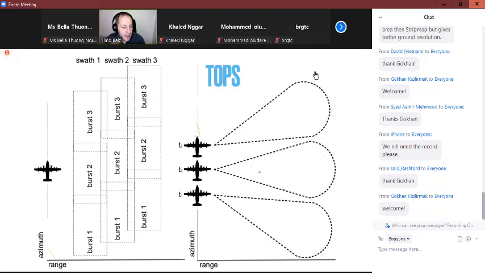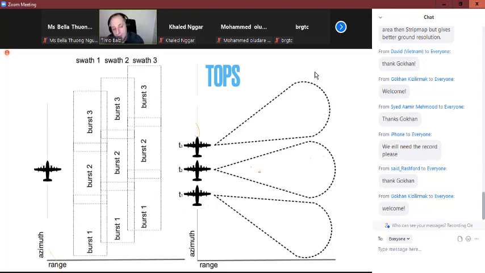So between burst 1 and burst 2, we have an overlapping area at some time where we look at this area between these two bursts from both sides. Right? We set them up so that we overlap also between these swaths. So we overlap in all directions, and we can use that overlap to get rid of this missing data.